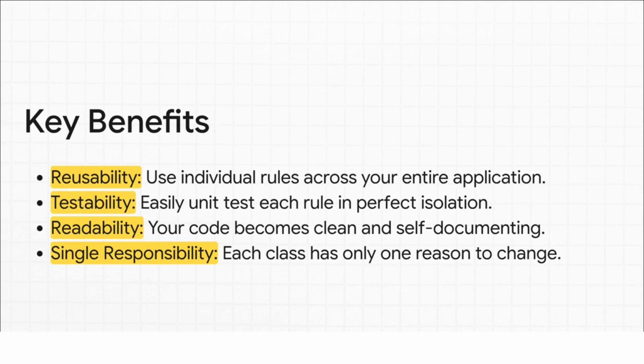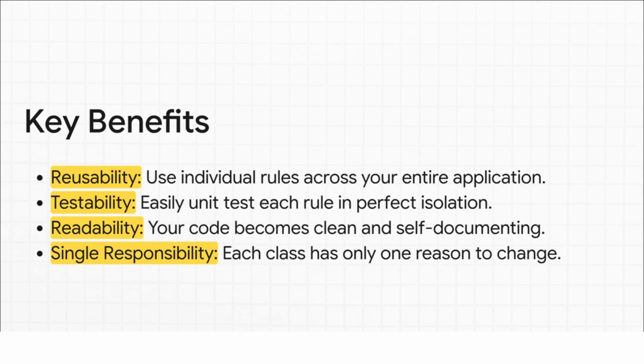Second, testability. Come on, testing that tiny minimum rating specification class is a piece of cake compared to wrestling with a giant method with a dozen nested ifs. Third, readability. That code we just saw, it practically documents itself. It tells a story.